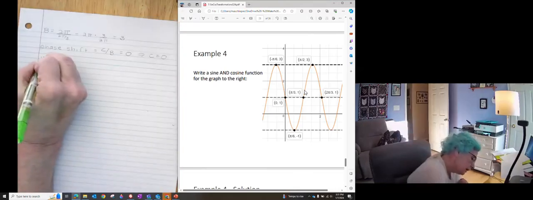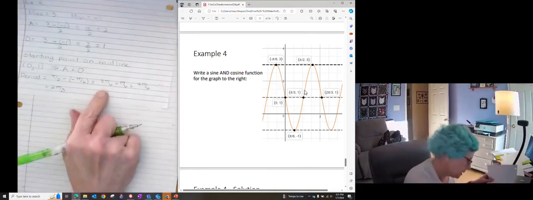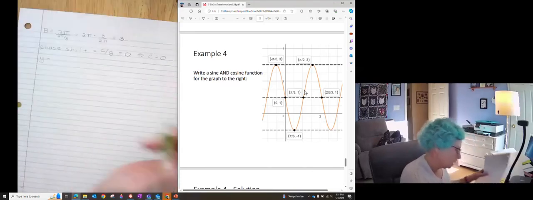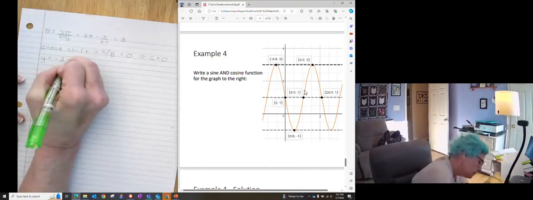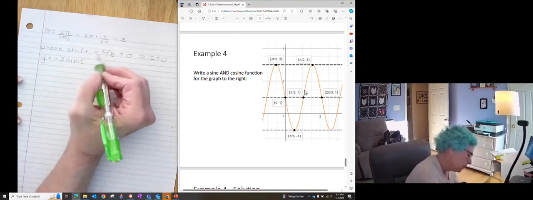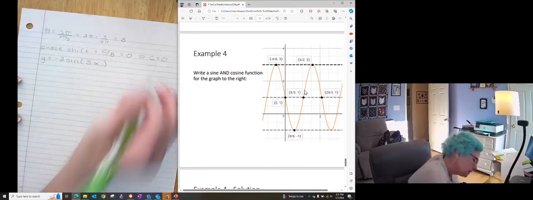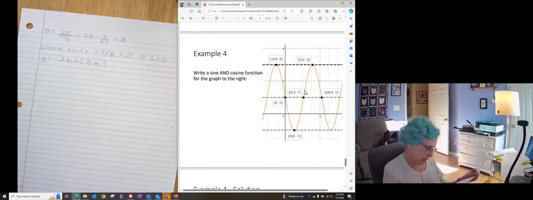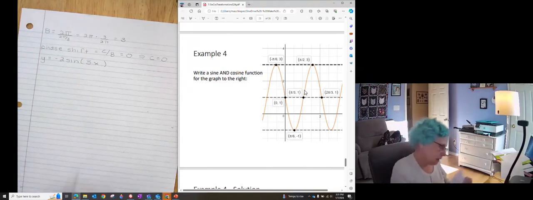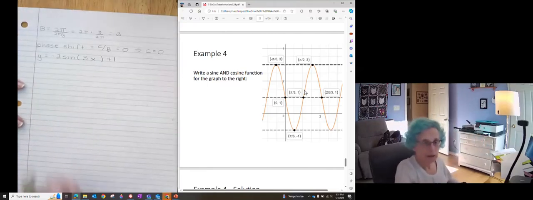So for sine, I have y is equal to negative a, which is 2, negative 2, sine of b, which was 3, x, and then my d was 1, plus 1.